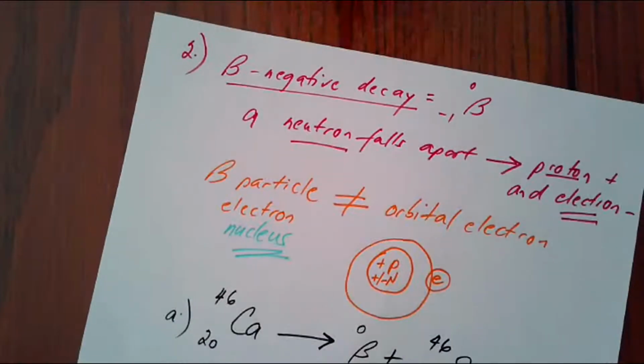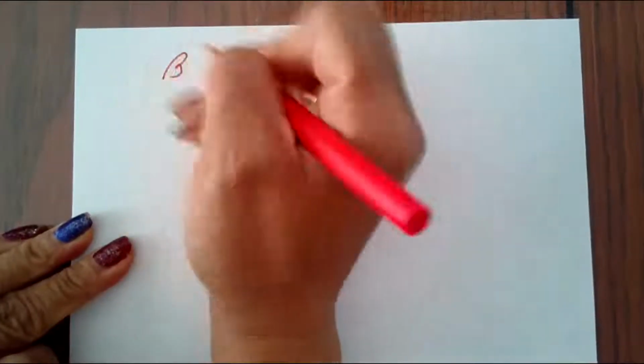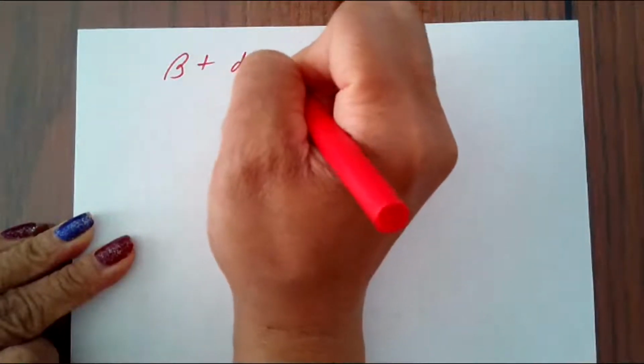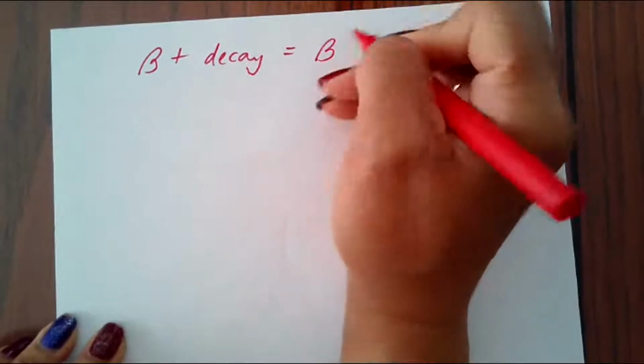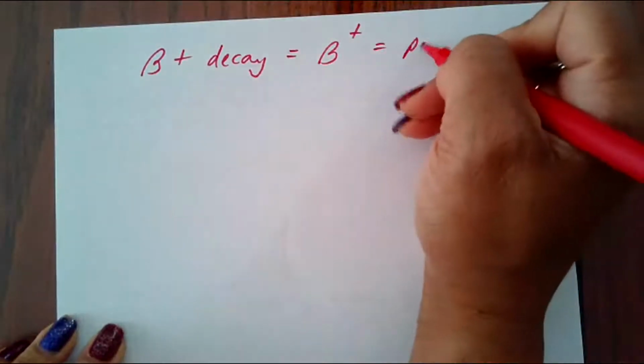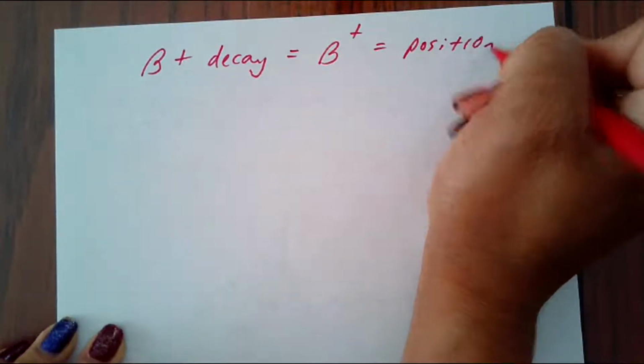Now let's take a look at the opposite of a beta negative. So you have a beta positive decay. A beta positive decay is also called beta plus, and this is known as a positron.